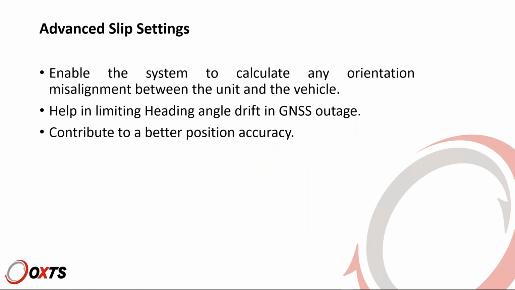Okay, other settings that can help in challenged environments. The advanced lever arm, or slip. This will help to measure the exact alignment of the IMU to the vehicle. So it can limit the heading drift and consequently the position drift when you are in GNSS outage specifically, or in bad GNSS.